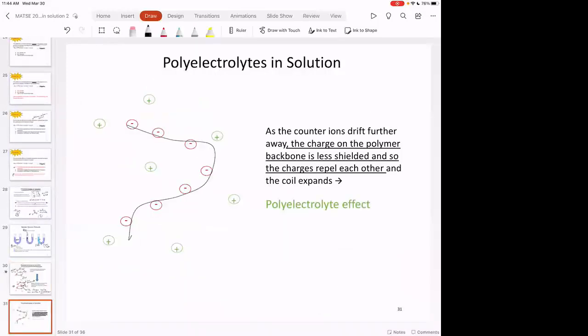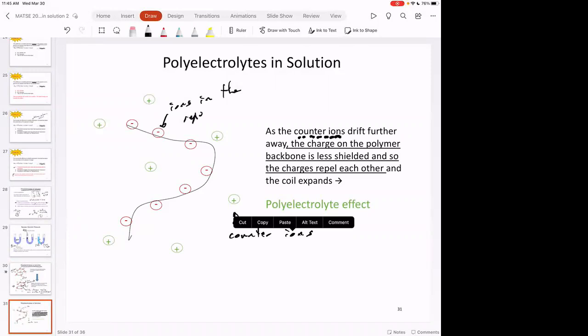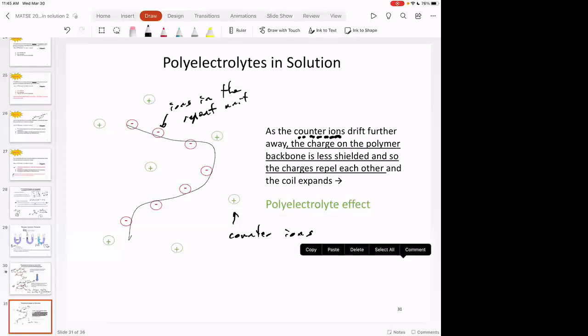And so as the counter ions, remember these are the counter ions, and the negative charges are ions in the repeat unit. The charges on the backbone are less shielded from each other, and so you get more repulsion, and that coil expands.